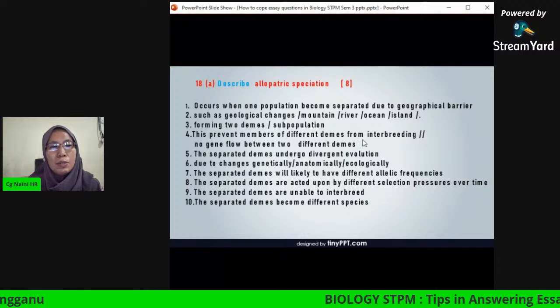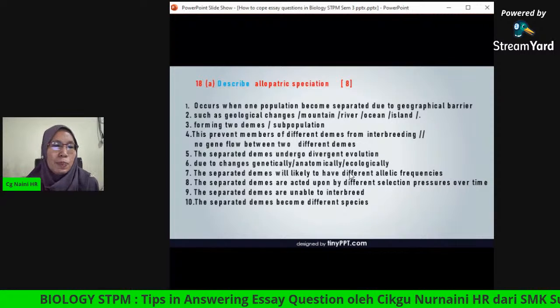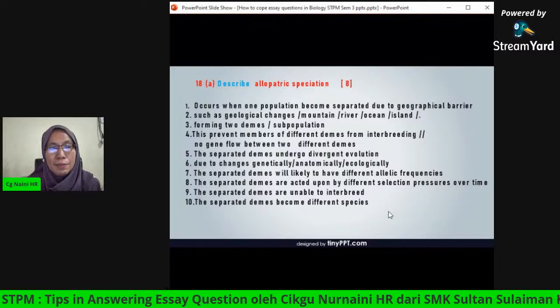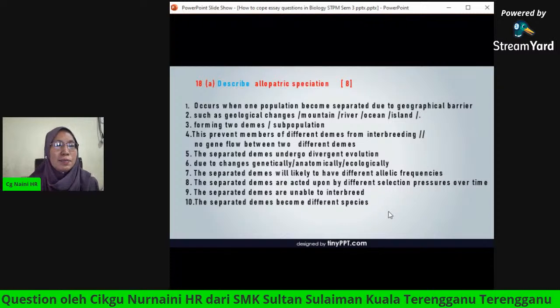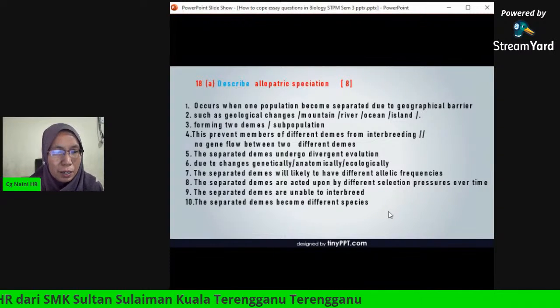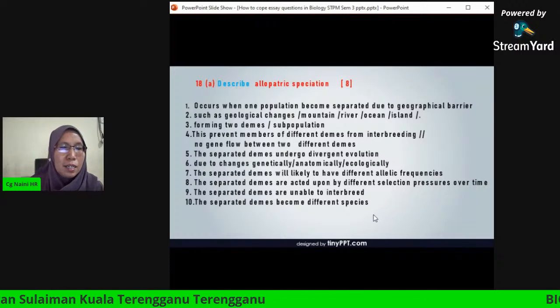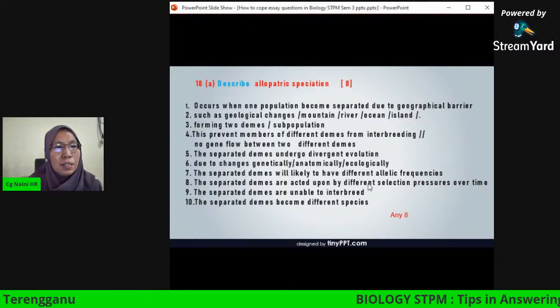So when we write in essay type, the ideas continue, but not in sequence. This is how you describe allopatric speciation. No need for sequence. So any point, you can get 8 marks.